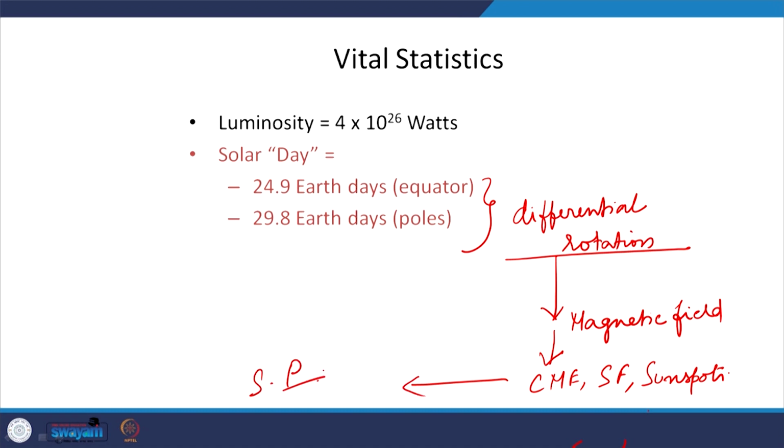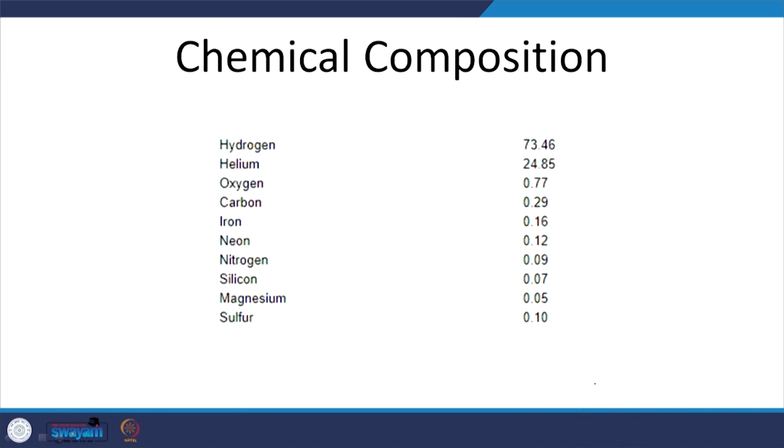As a result of this complication, we get to see the coronal mass ejections, solar flares and sunspots. At the end of this module, we will try to understand the important aspects about these solar prominences.